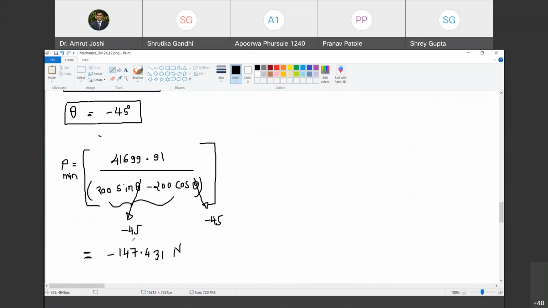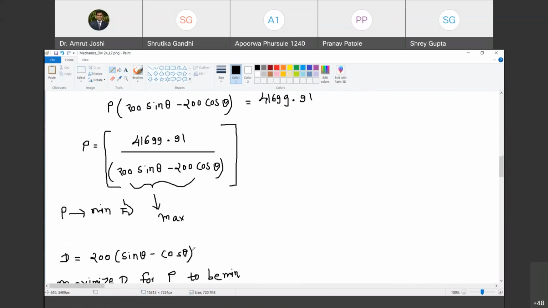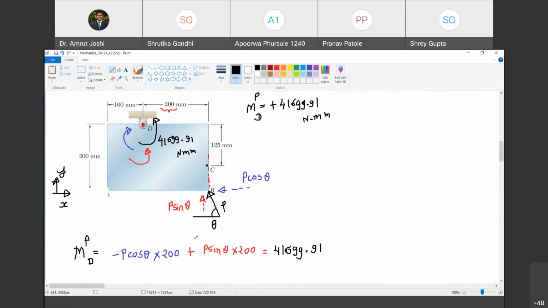Is everyone getting the same value? Now we have a few challenges here. First of all, how do we interpret negative theta? And second thing, how do we interpret negative P?